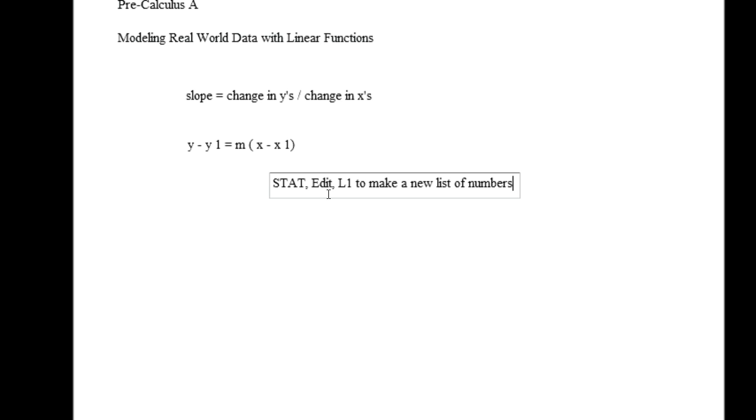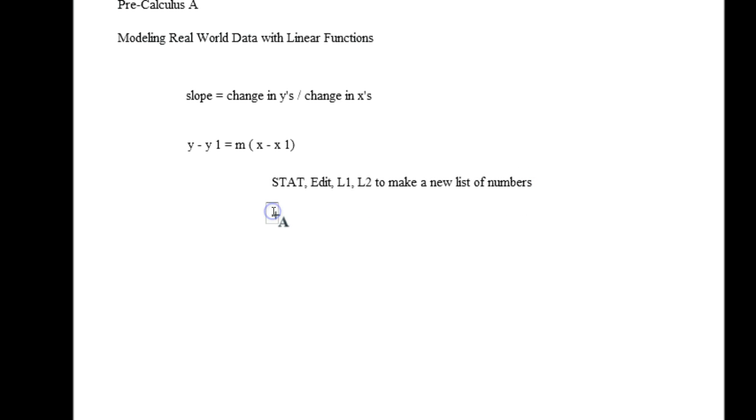You're probably going to edit L1, L2 to make a new list of numbers so that you have a bivariate type of data set. Then you're going to use the linear regression in the calculator.